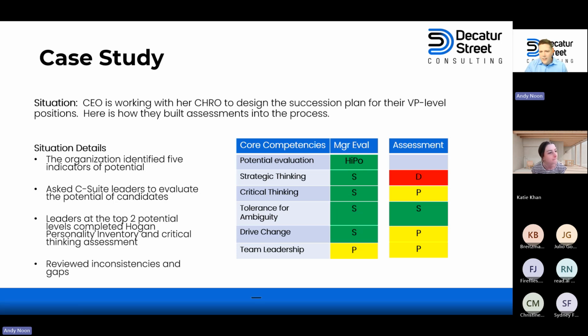And when we began talking to this leader about their evaluation, we talked about the development area coming out of the assessments. We came to find out that the way in which the leader was thinking about strategic thinking was really not that aligned with the actual definition of the capability. They were thinking about it from the standpoint of execution.